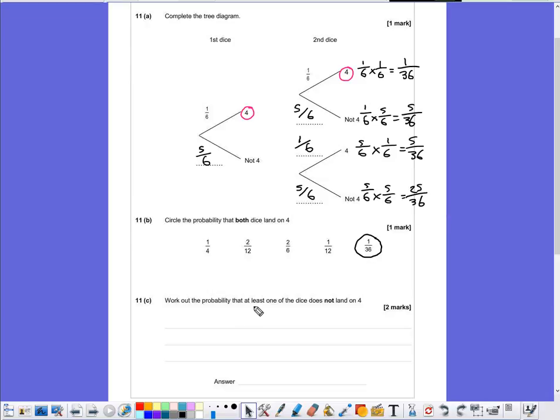The question asks us to find the probability of at least one of the dice not landing on a 4, which means we actually need all 3 of the other options, because each of these includes a not 4.